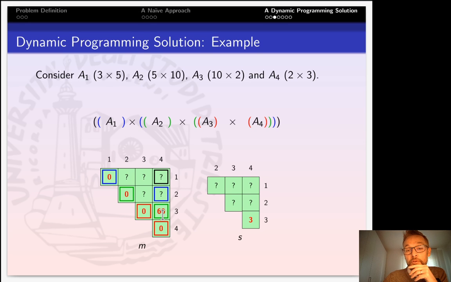And then we need to sum up to this sum also the number of scalar multiplications required to perform this matrix multiplication, which is 5 times 10 times 3. Okay, and here we are. Okay, so why is this not written in bold?